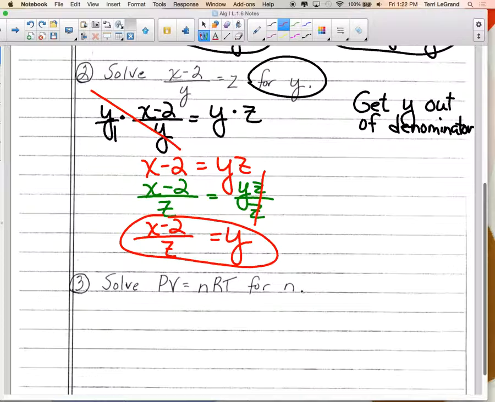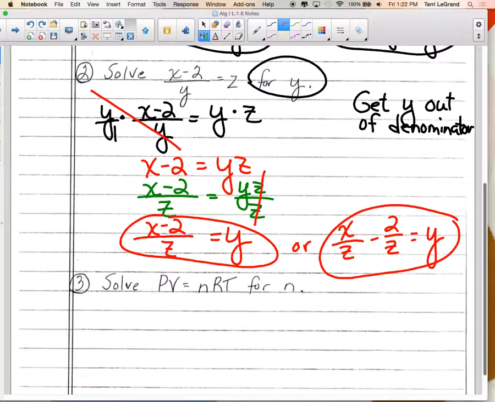And remember, it's very possible this answer could have shown up like this. We would have given each of them their own z's. So maybe the answer would look like this instead. That's the same thing. Another name with y by itself.